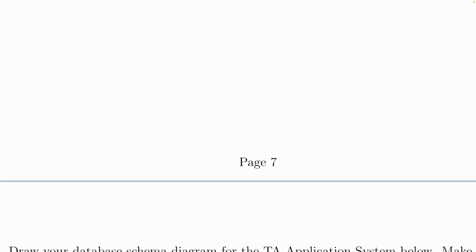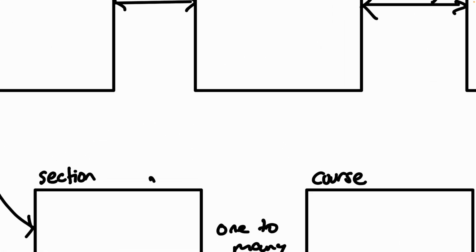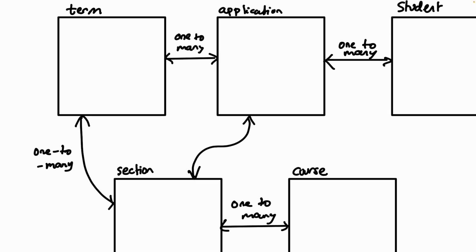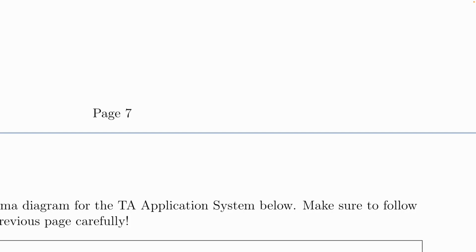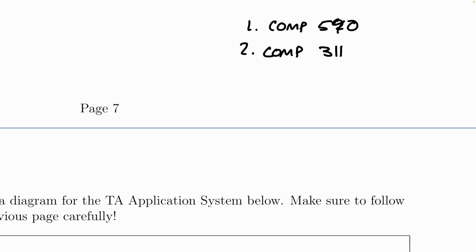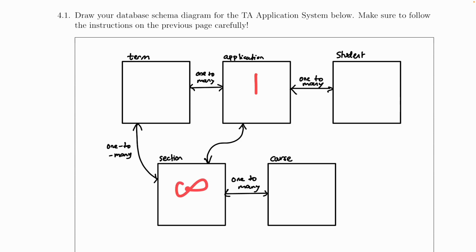So it might make sense to add a relationship between application and section. And between application and section, well, I'm applying to multiple sections, because you can stack rank your choices. So I can say maybe first choice, I want Comp 590, maybe my second choice, I want Comp 311, etc. So one application can have multiple sections.